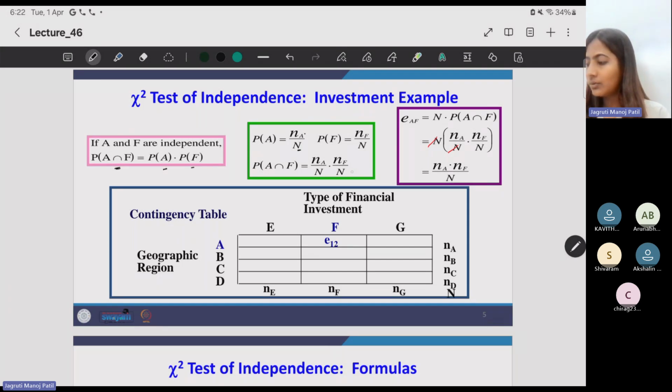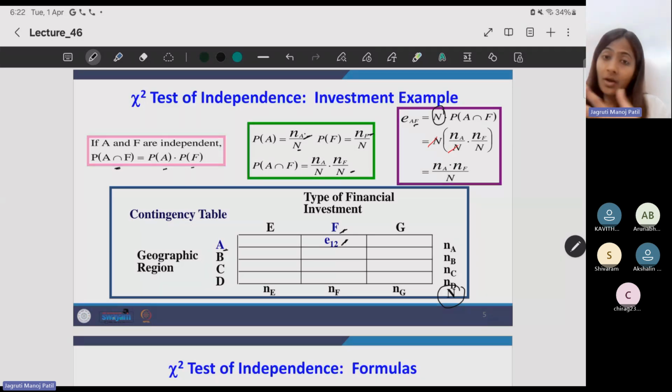Similarly, for F, I'll do the intersection. But if I want the frequency, in terms of frequency, what's the probability of it? I'll have to multiply it by the total number of counts that have occurred in the total data set. So this EAF would be nothing but this A, this F right over here, and this is your capital F, the total number of counts. NA is how many times this occurred. NF is how many times this occurred. So you get the variables from here. When you input all the data over here, you'll be able to compute it.